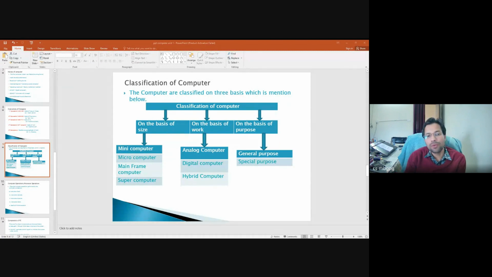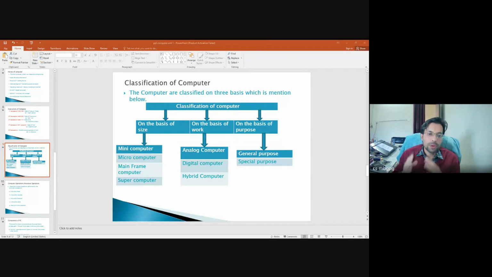We can perform a variety of tasks at a time. For example, our digital computer, which we use in our day-to-day life, is called a general purpose computer system.